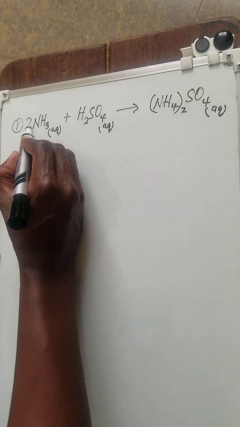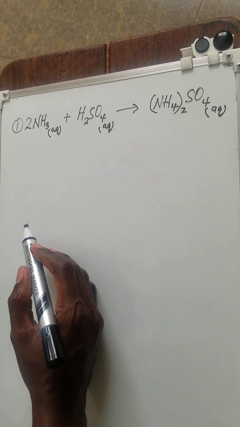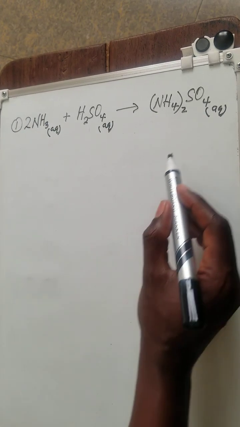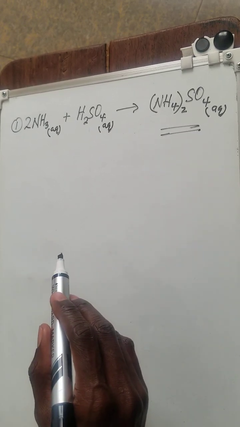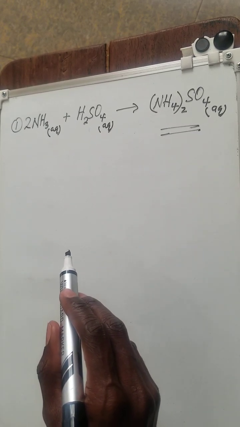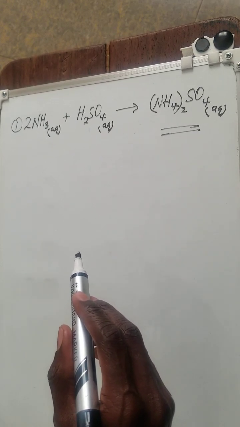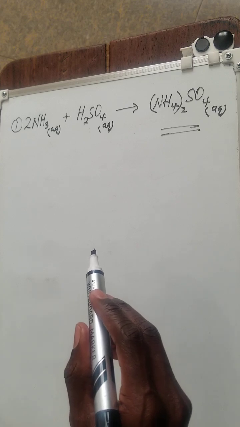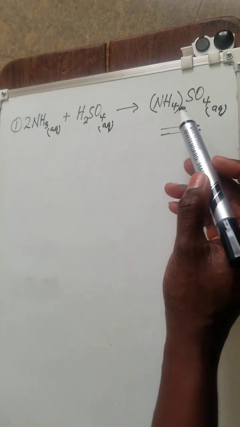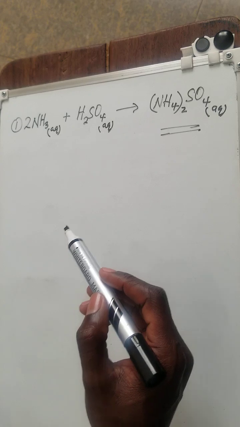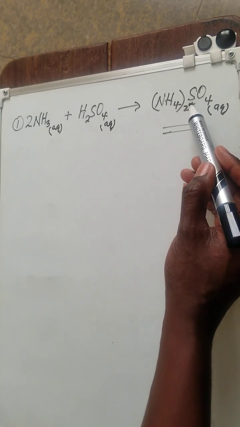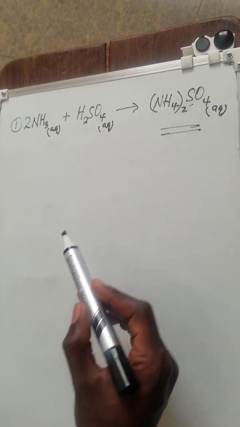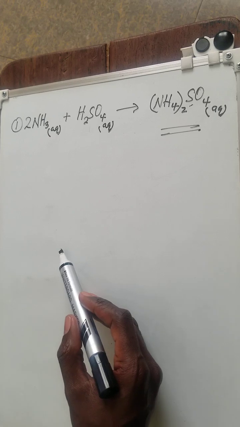To balance up, you put a 2 on the ammonia. This fertilizer is what we call ammonium sulfate. Why do plants need it? There's nitrogen and also sulfur, elements that are needed by plants.